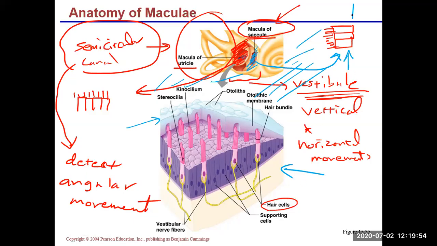I'm going to put the arrow: you're going downwards, like you're falling, all right? But the fluid is going to go upwards. So these hair cells are going to move in this direction. As a result of that, again, you have a depolarization and release of neurotransmitter. And again, you have the vestibular nerve right here that communicates with that, and it gives you the impression that you're falling.